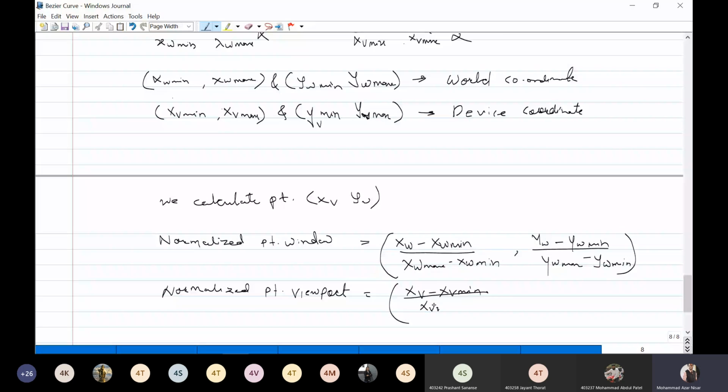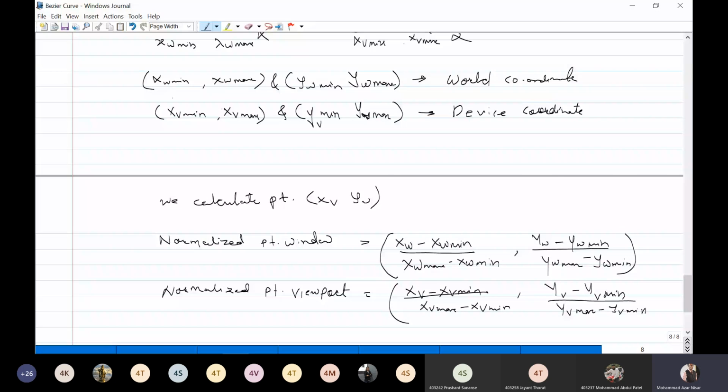Similarly for y, yv minus yv minimum divided by yv maximum minus yv minimum.